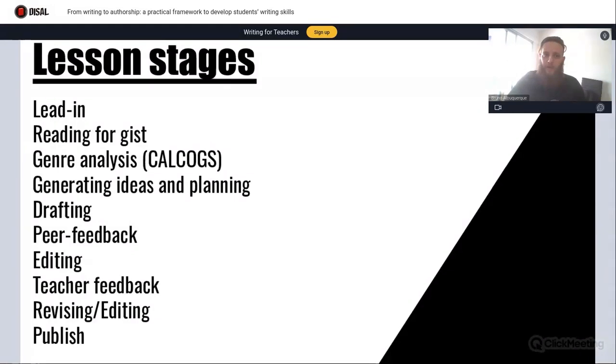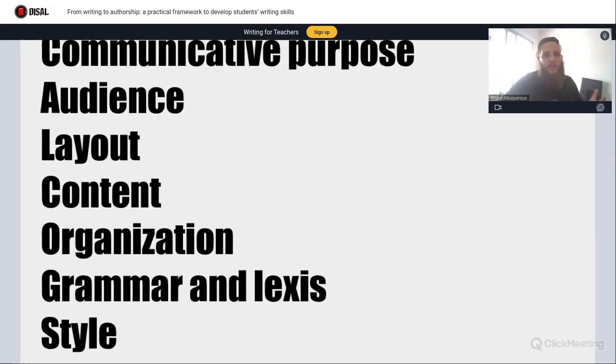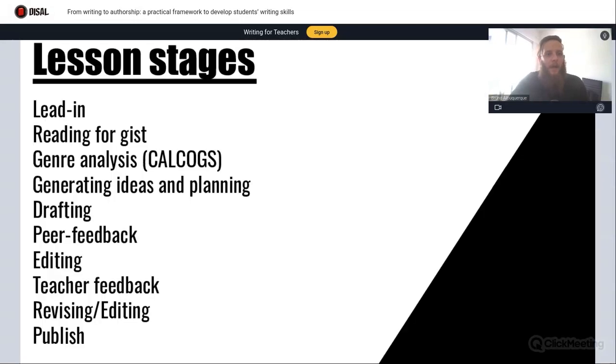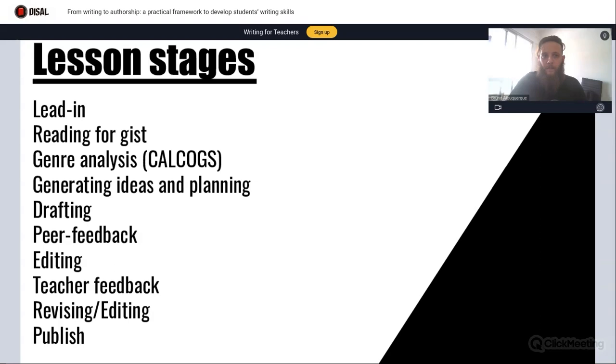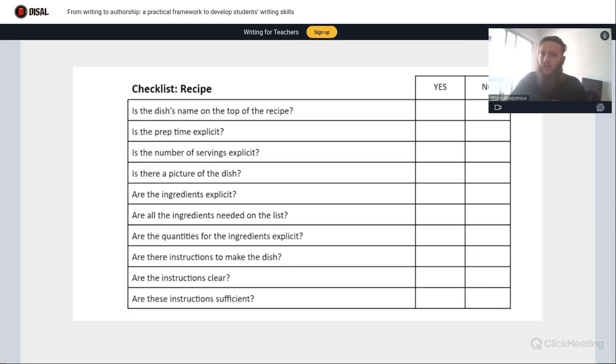And then we went to genre analysis, asking questions, trying to get this from students. The simpler the questions, the better. We had a moment to generate ideas and plan with the mind map. We had the first draft based on a checklist.